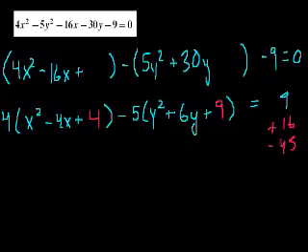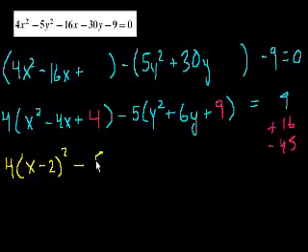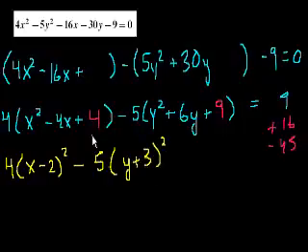And so this simplifies to 4 times x minus 2 squared, minus 5 times y plus 3 squared, is equal to, let's see, 9 plus 16 is 25, 25 minus 45.